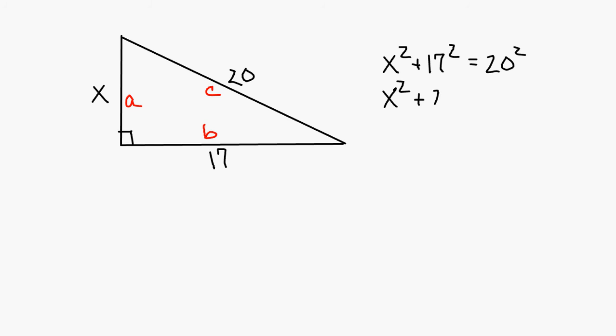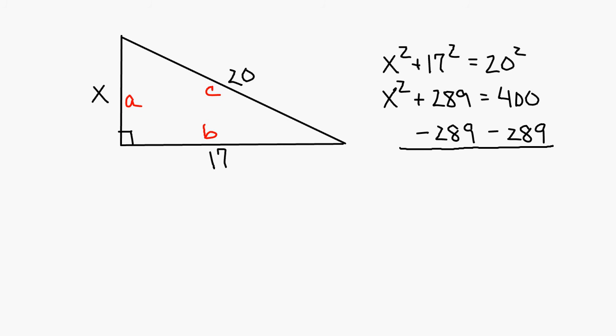So x squared plus 289 equals 400. In this case, you've got to subtract 289 from each side. And x squared will equal 111.